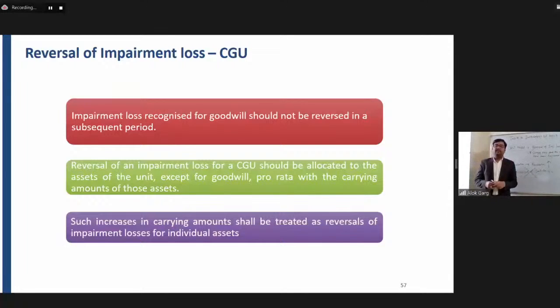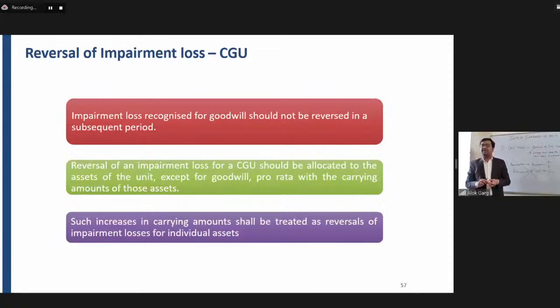Please remember, in case of a CGU, first we eliminated the goodwill, then we charged impairment loss pro rata on the basis of carrying value of the assets. In the same way, reversal on goodwill in a CGU is not allowed, but on the remaining assets, the impairment loss is reversed pro rata on the basis of their carrying values. Such increase in carrying amounts will be treated as a reversal of impairment loss for individual assets.